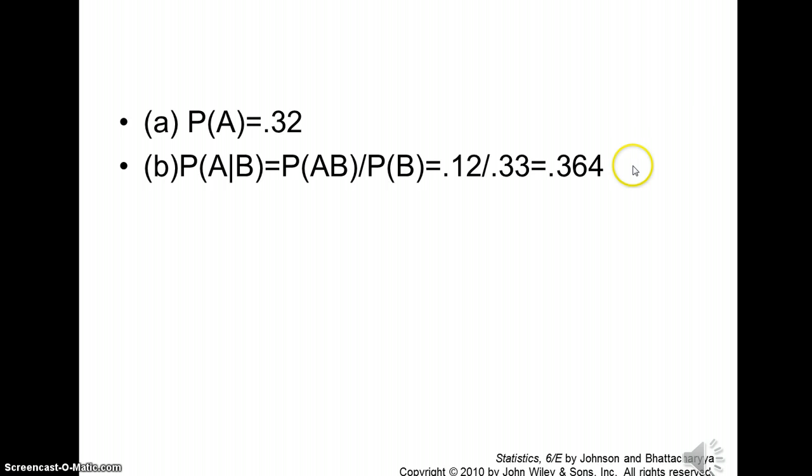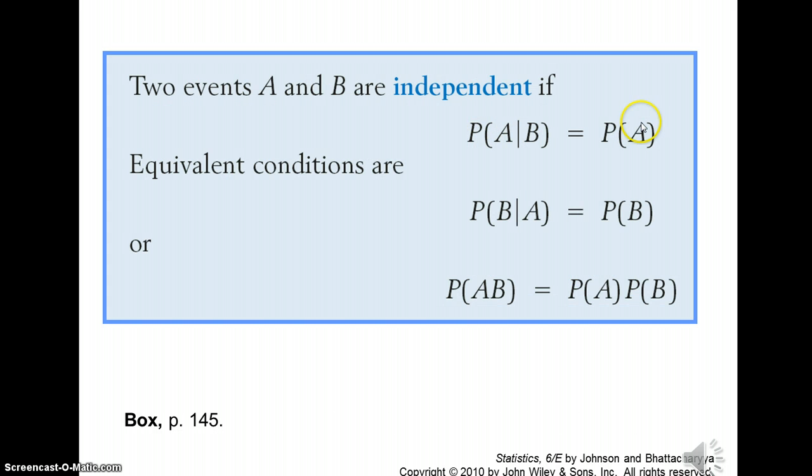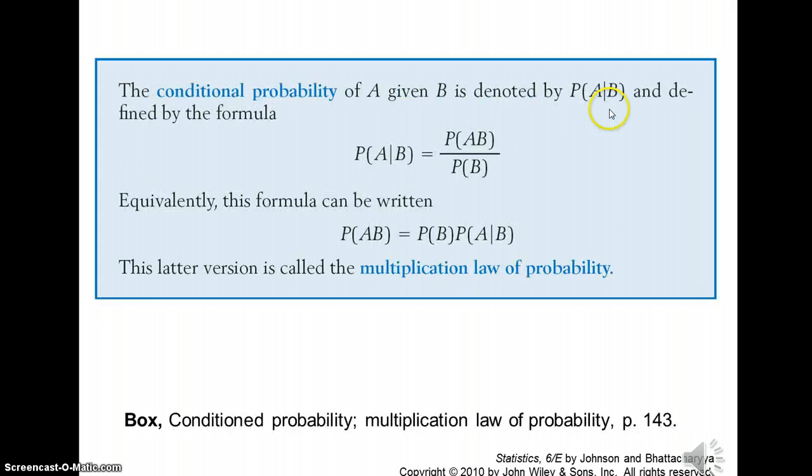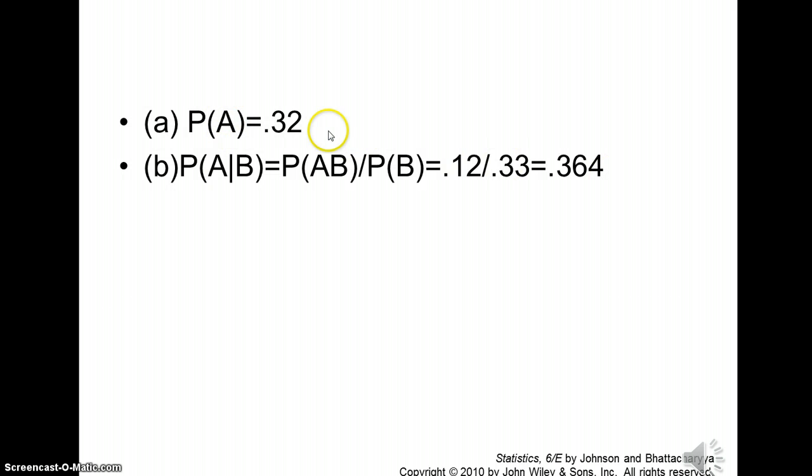But sometimes you may get the same answer. If you happen to get the same answer, we call A and B independent. Suppose P(A given B) equals P(A), we say they're independent. But if they're different, we say they're dependent. Like in our example, we found out these two numbers are different.